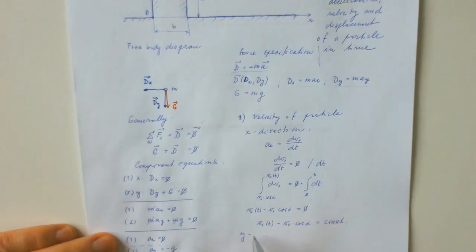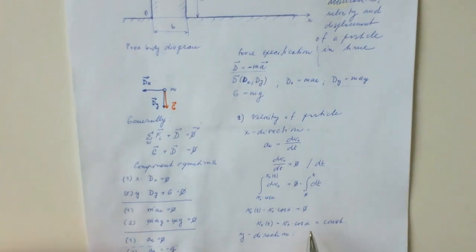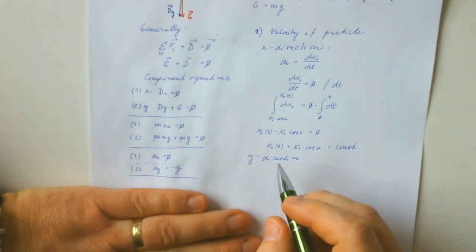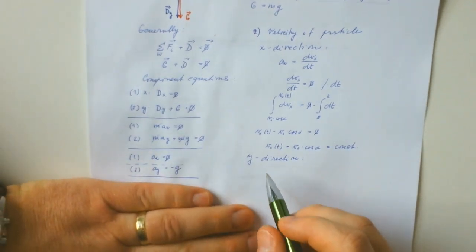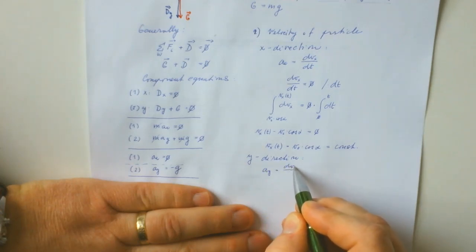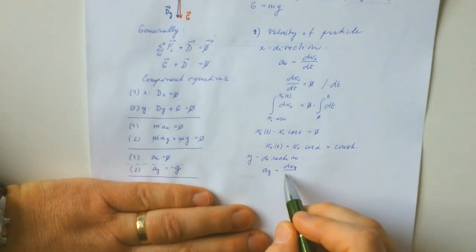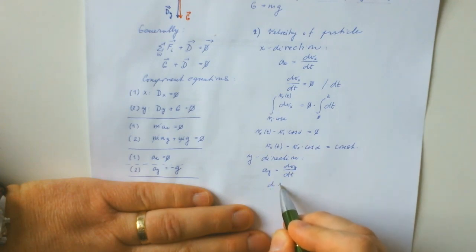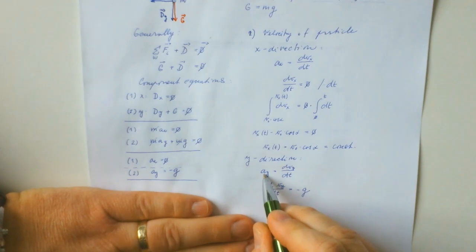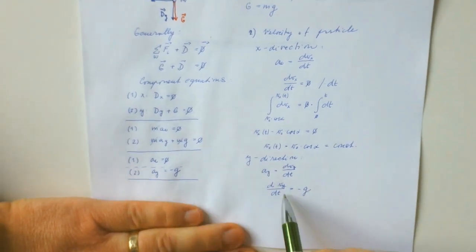Vx in time is v0 cosine alpha, so it is constant. In the y direction, we will continue analogically. So ay is dvy over dt, and we know that this is equal to minus g, the acceleration in the y direction.